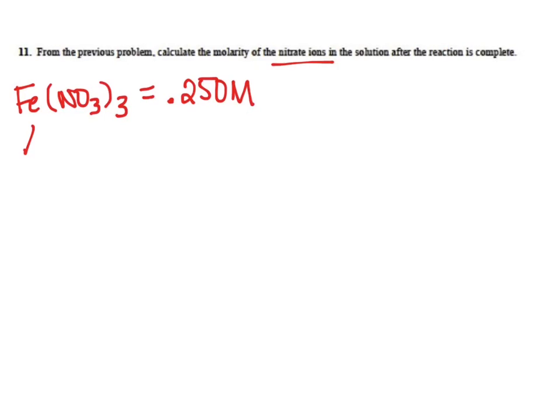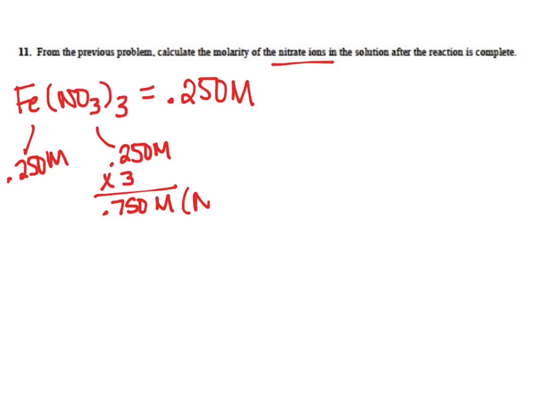So that means Fe is 0.250 molar. NO3 is 0.250 molar, but we have 3 of them, so it's 0.750 molar. Everybody good with that? So we started out with 0.750 molar NO3 ions.